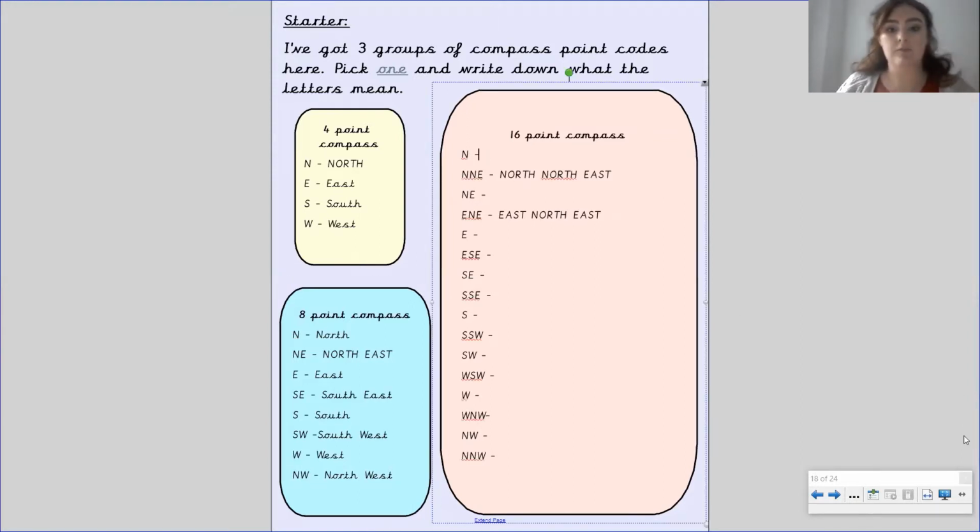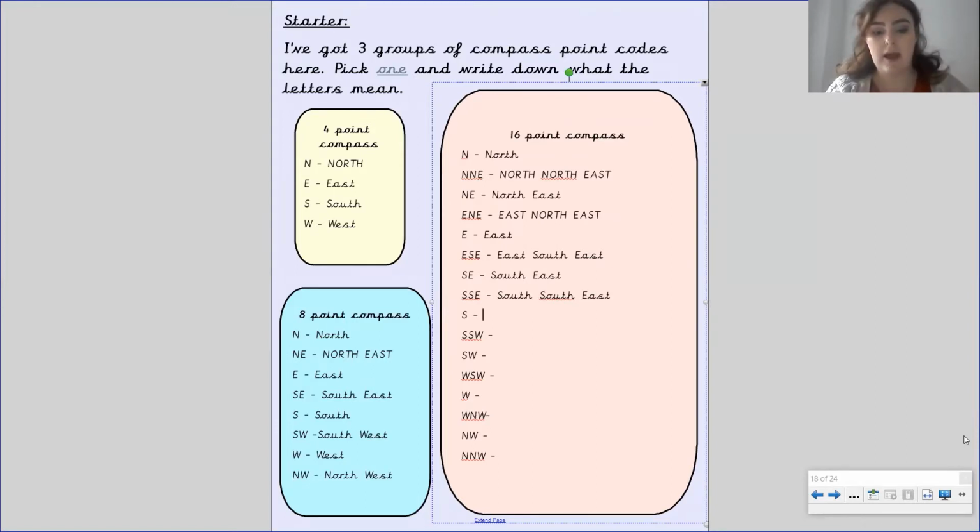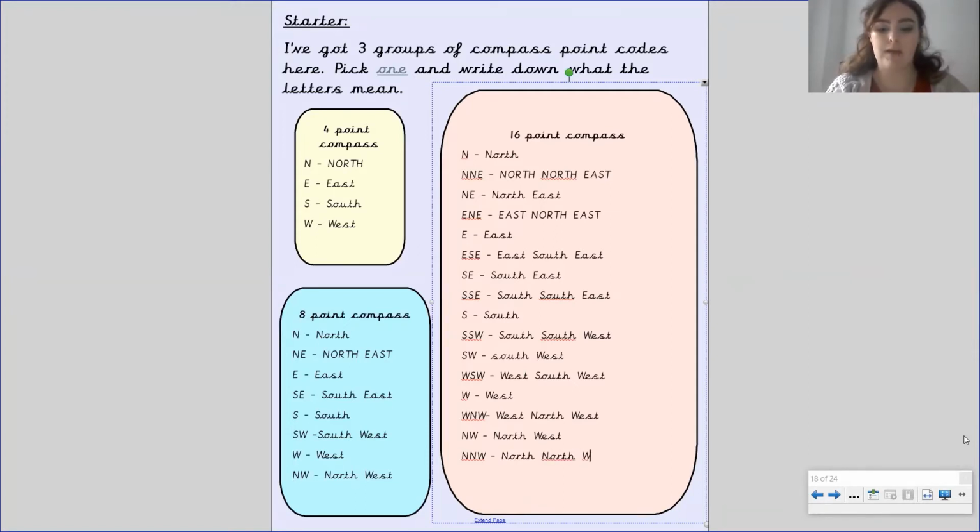With the 16-point compass, we've got N for north, NNE for north-northeast, NE for northeast, ENE for east-northeast, E for east, ESE for east-southeast, SE for southeast, SSE for south-southeast, S for south, SSW for south-southwest, SW for southwest, WSW for west-southwest, W for west, WNW for west-northwest, NW for northwest, and NNW for north-northwest.